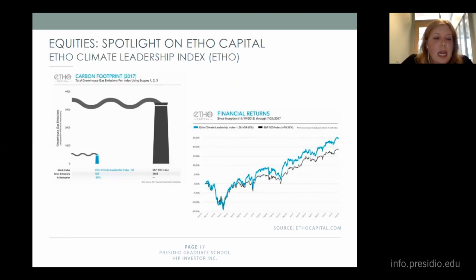ETHO Capital's investment thesis is that investment strategies that incorporate ESG sustainability in smart, skilled ways will be more competitive and produce better returns over time.